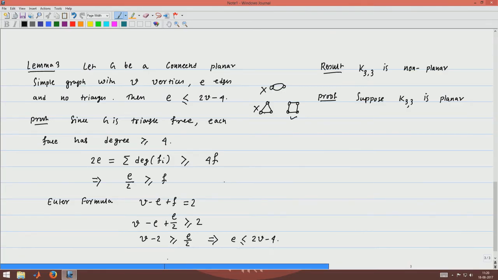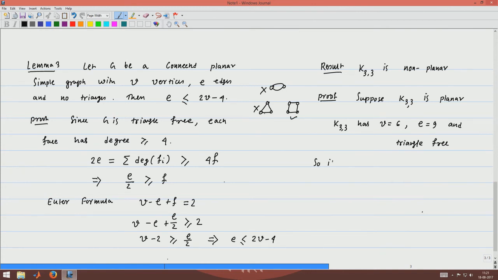Okay, let us see. So, K33 has V equal to 6, E equal to 9, and triangle free, right.